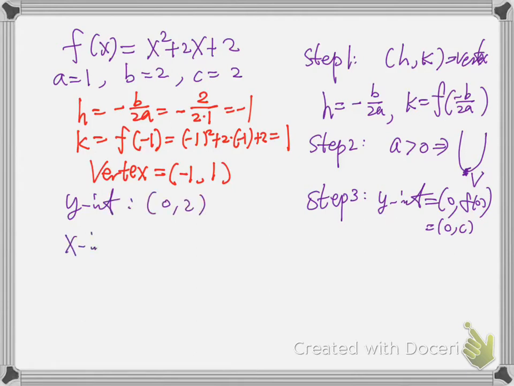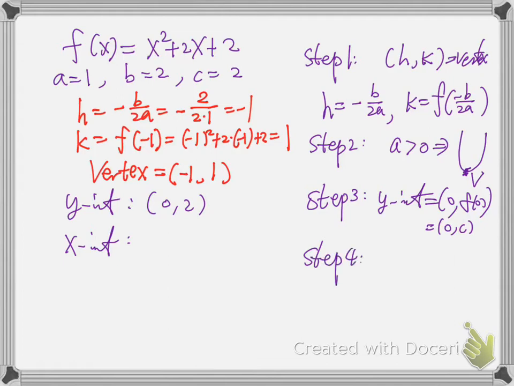Now the x-intercept. There are two ways to find it, or maybe three ways if you can factor. My suggestion is to use the quadratic formula, or you can use the standard form.